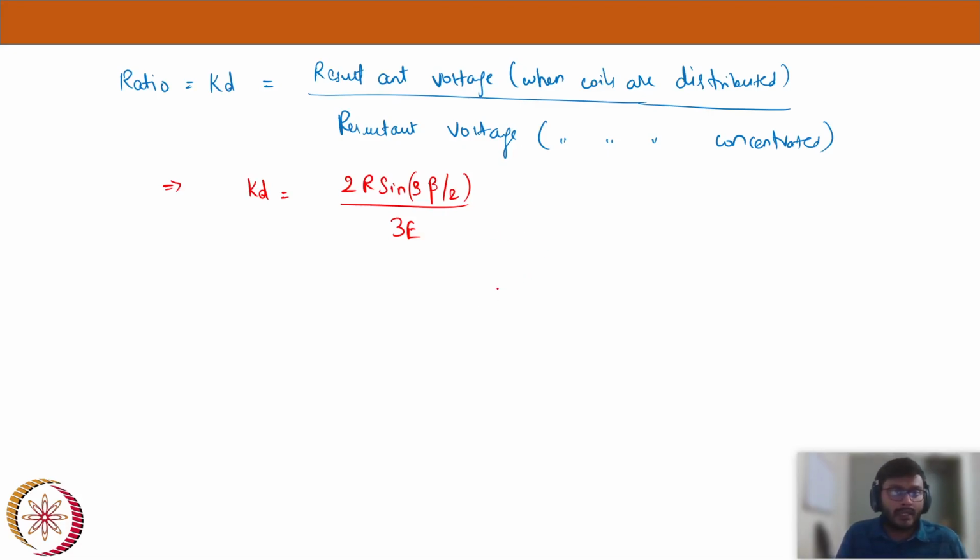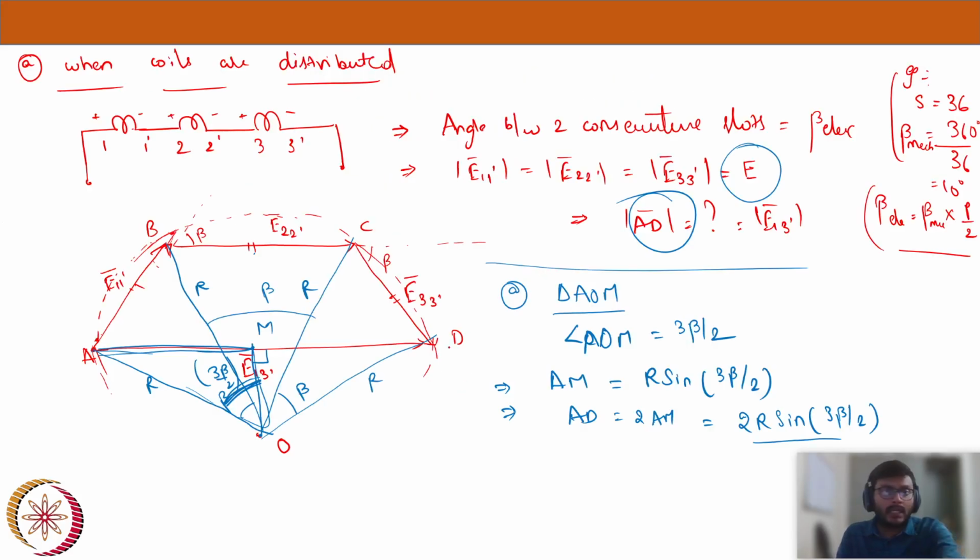So let's try to convert the R term into E as well. Let's go back to the diagram. In this diagram, I want to calculate R in terms of E. So I'll draw a perpendicular like this. That is ON, and this is the triangle OND. In this right angle triangle OND, what is ND?